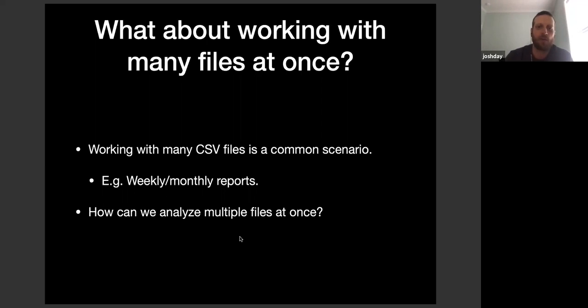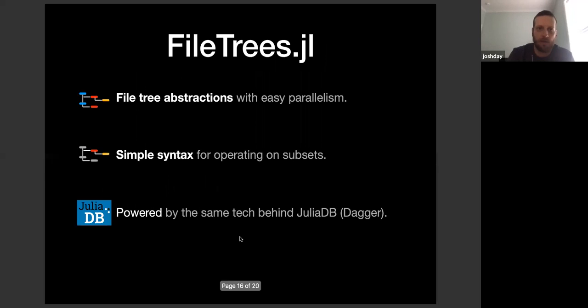So how can we analyze multiple files at once? For that, we are going to use FileTrees.jl, which is a relatively new package by Shashi. He wrote JuliaDB and also Dagger, which I'll talk about in a moment. FileTrees provides file tree abstractions with easy parallelism.